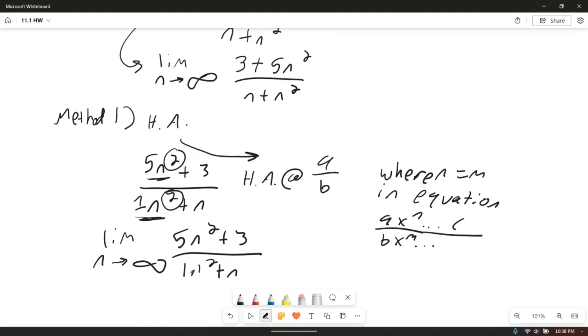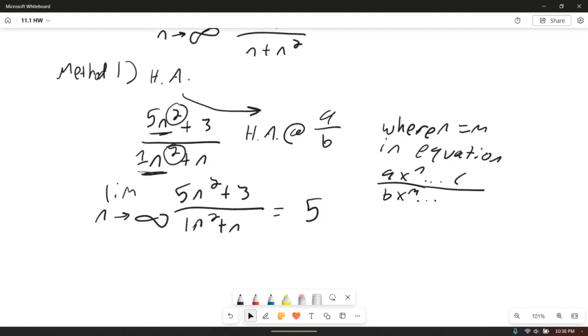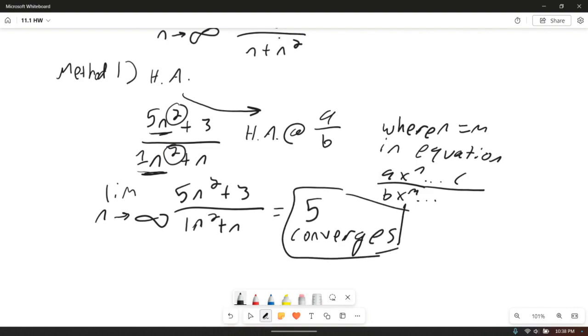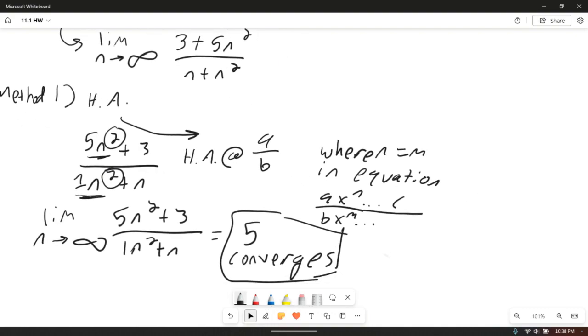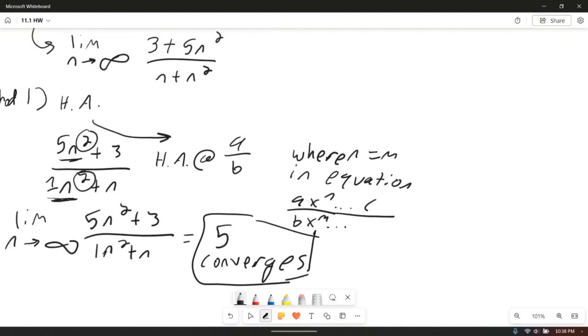So in this case, our horizontal asymptote is just going to be at 5, where it converges. So not too bad, right?